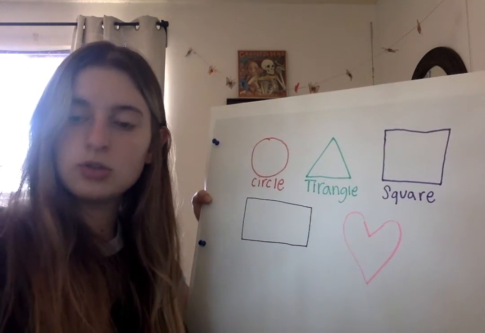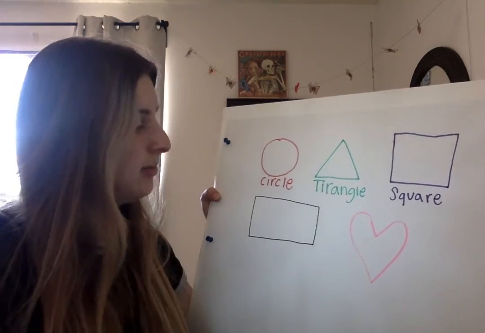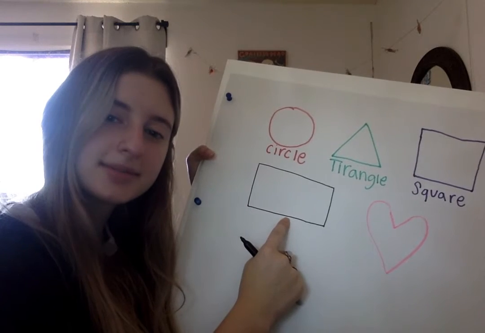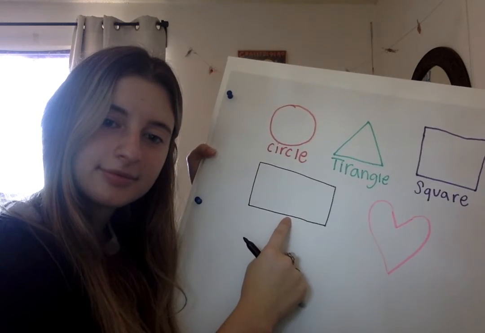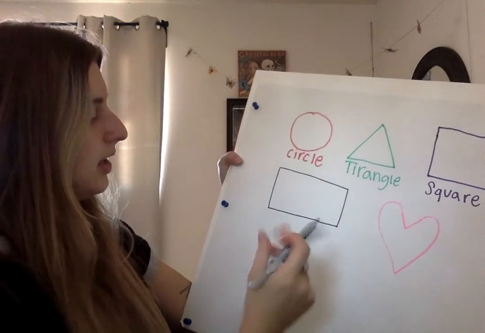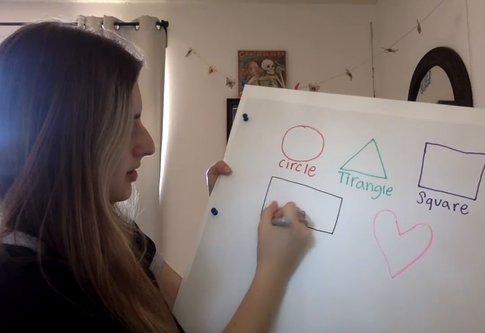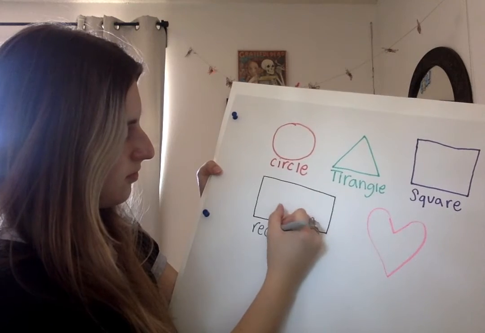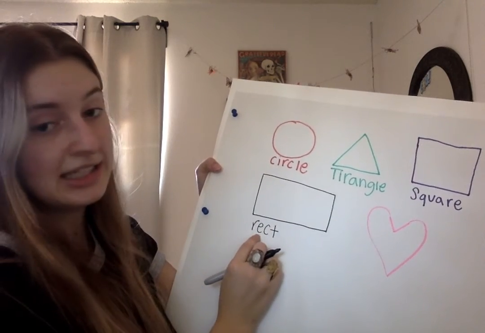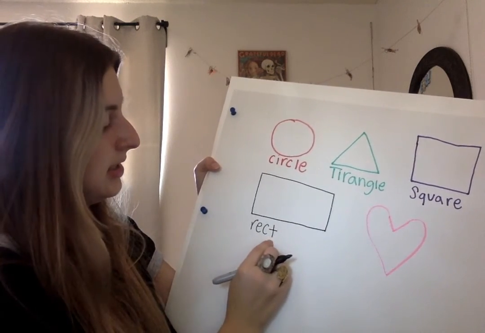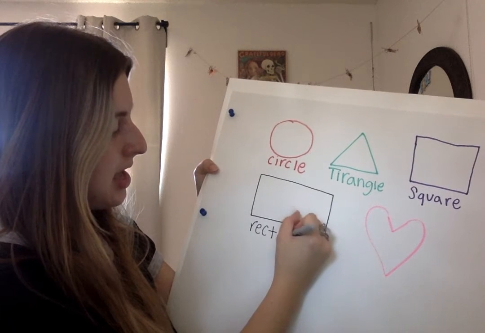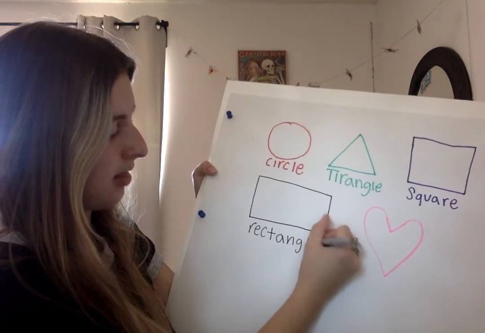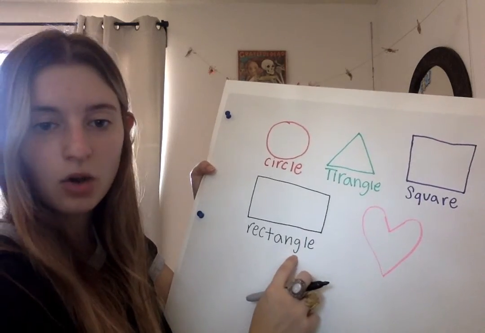Alright, so we have two shapes left. Can anybody tell me what this black shape is? Right, it is a rectangle. Awesome. R-E-C-T-A-N-G-L-E. Rectangle.